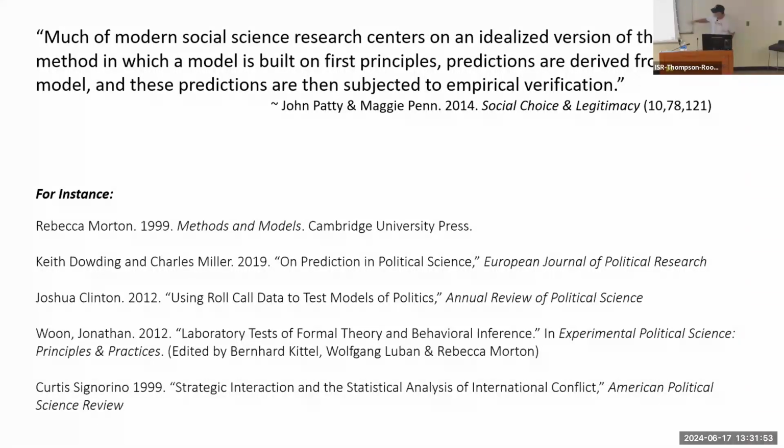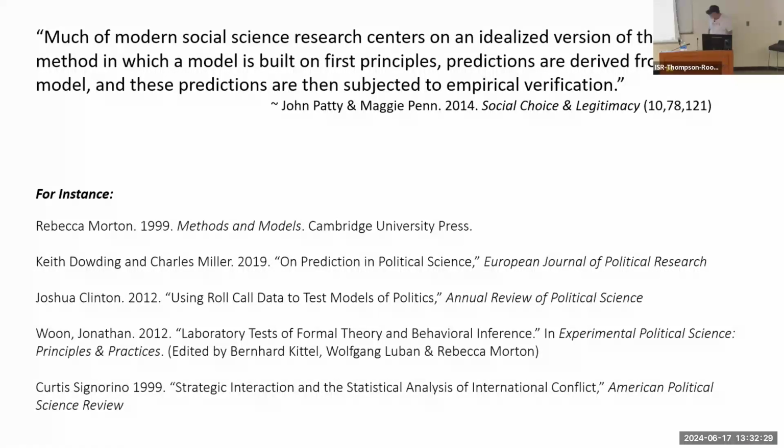My former student, all of these people, by the way, are friends and colleagues and former students, so I pick on them in person as well as in settings like this. Josh Clinton tries to give us a story about ideal point estimation in terms of testing formal models. That's what we use that technology for. Jonathan Woon says the same thing about experimental methods. We justify doing experiments because, among other things, they allow us to test formal models.